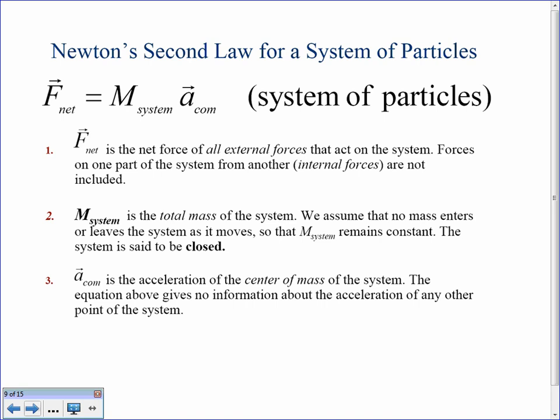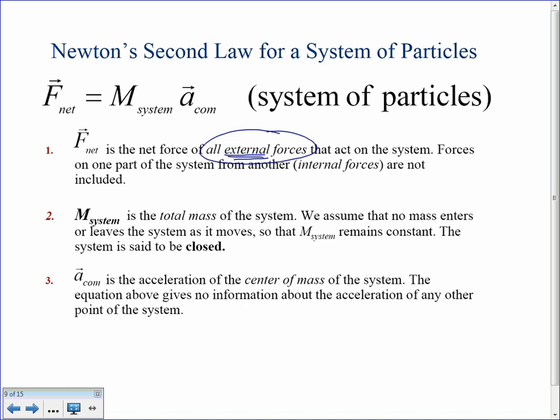If you have a system of particles, more than one particle, and you look at the net force acting on that system, more specifically the sum of all of the external forces, which are forces from something outside of the system acting on something inside of the system, those cause an acceleration of the center of mass of the system.